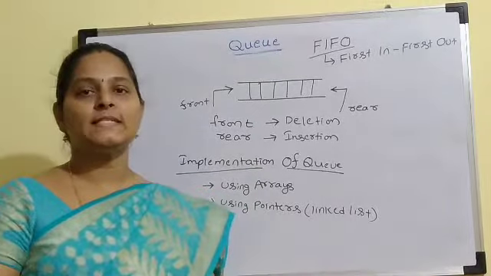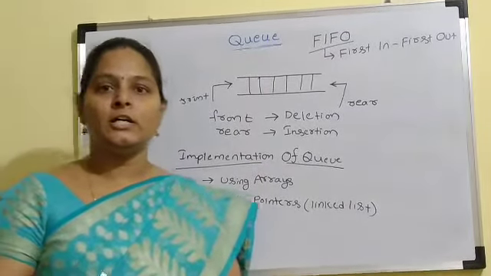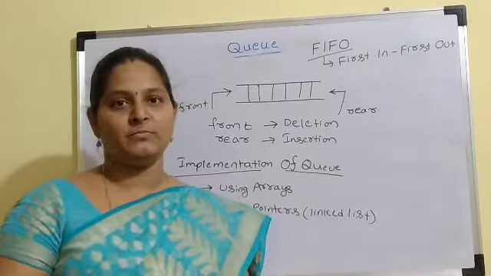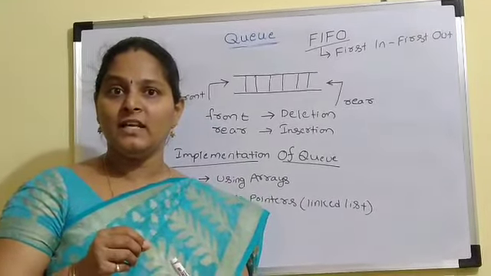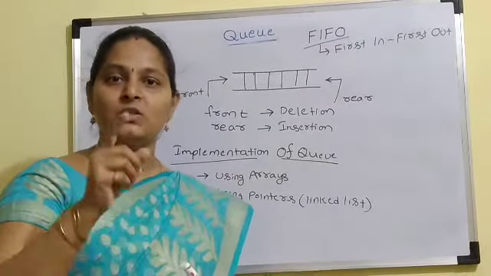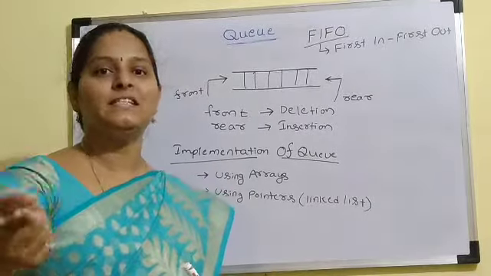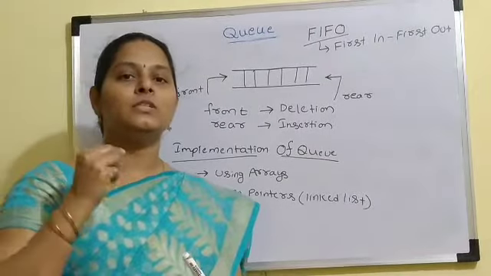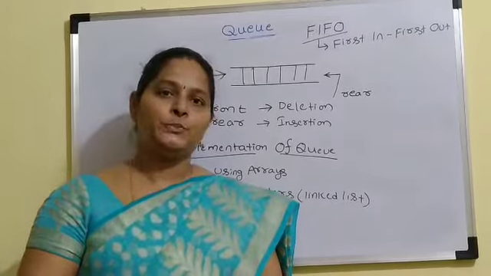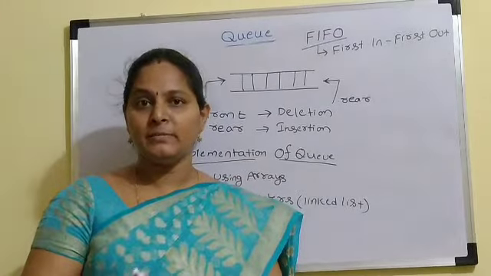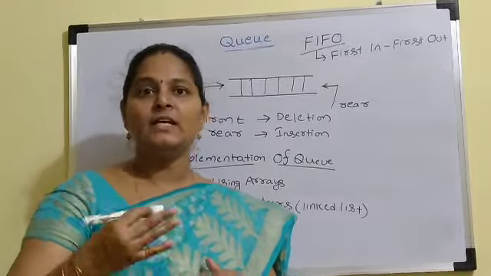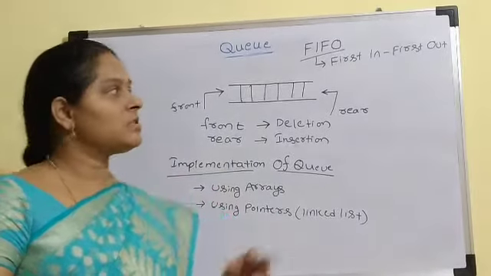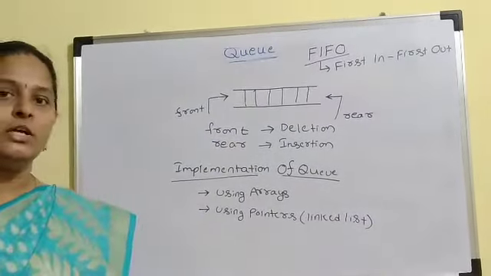And if you see one more example, if you take traffic system, one-way traffic system. So whatever vehicle that enters into that road, that vehicle will exit first, right? So this is also one of the examples for queue. So first inserted element will be deleted first. So this is the important point about queues.